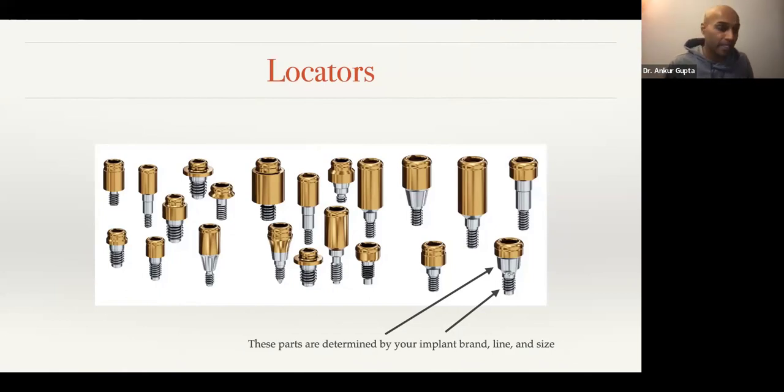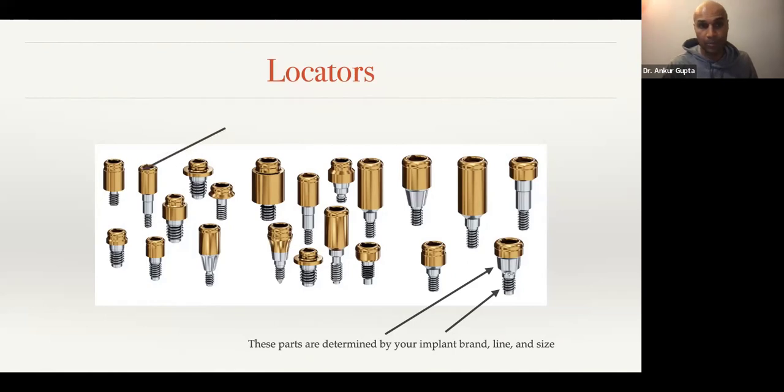So if you place an Implant Direct Legacy implant that has a 4.2 millimeter diameter platform, all you have to do when it's time to order a locator is tell your salesperson, hey, I need a Legacy 4.2 diameter platform locator. So that is determined by your implant.